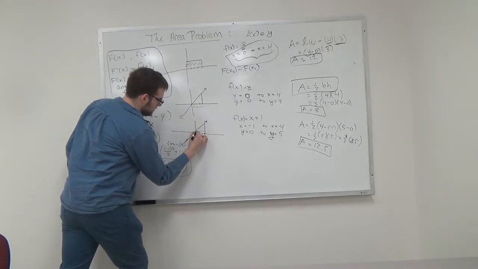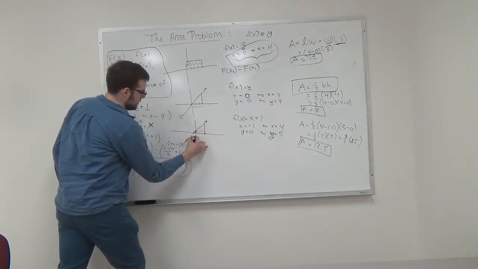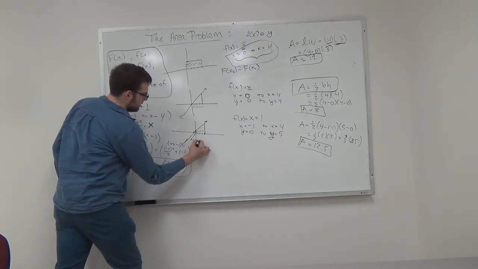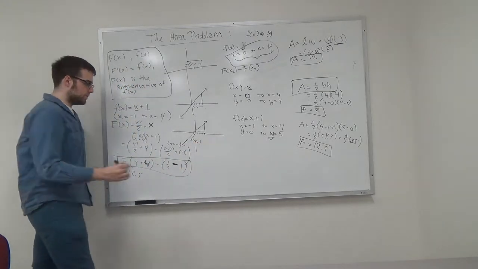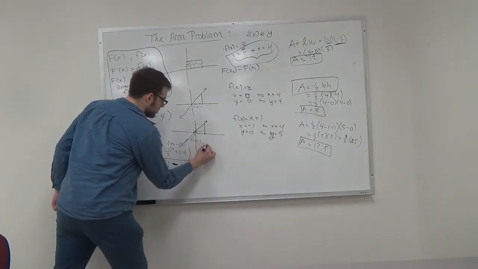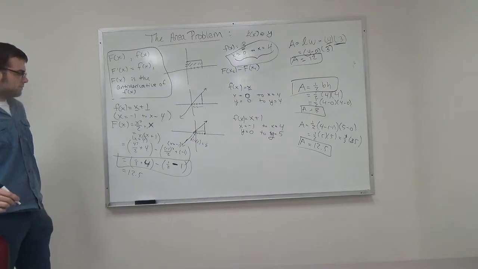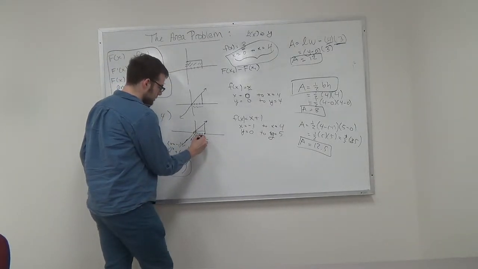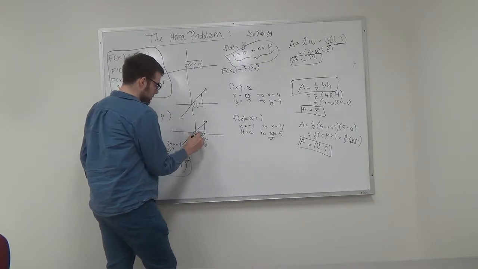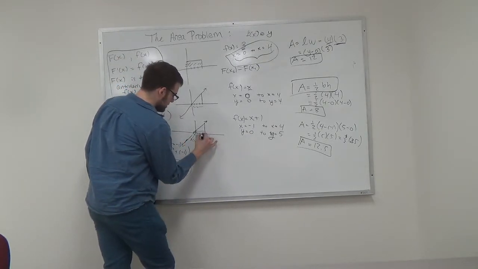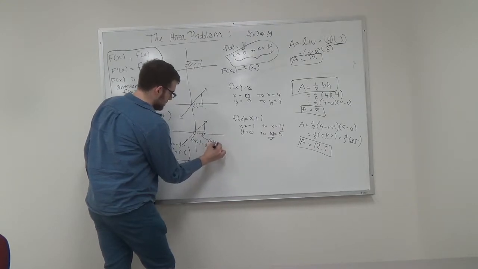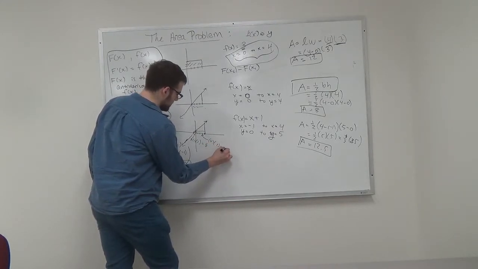This little triangle, the area of that is 1/2 base, which is 1, times height, which is 1. So that is equal to 1/2. The area of this is length, which is 1, 2, 3, 4, times width, which is 1, is equal to 4.